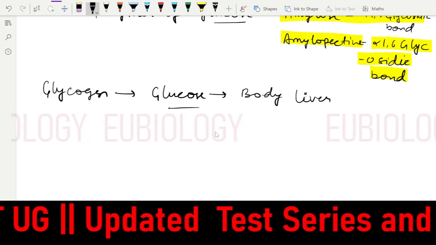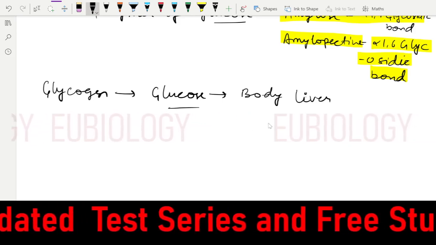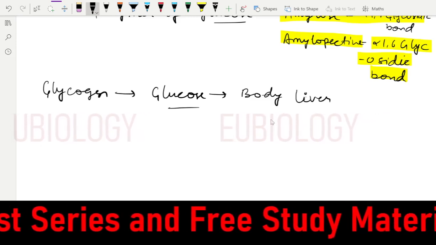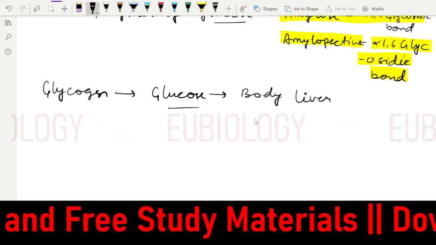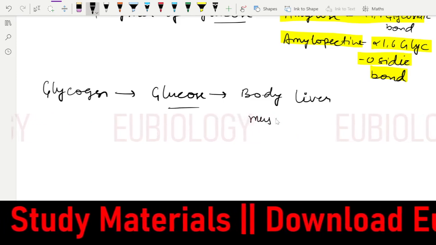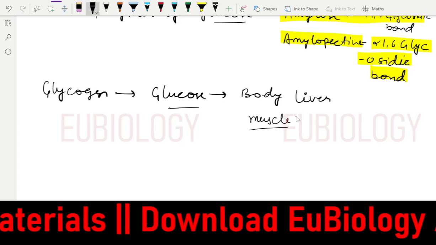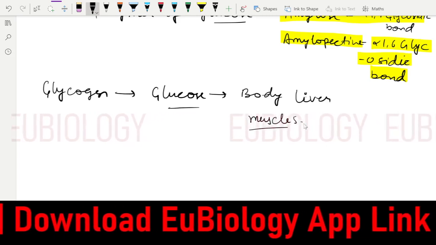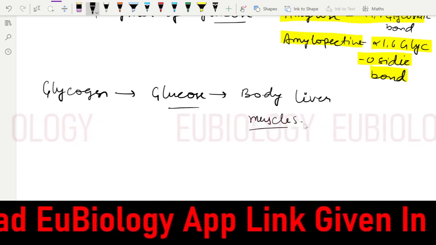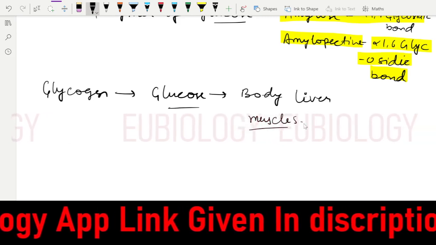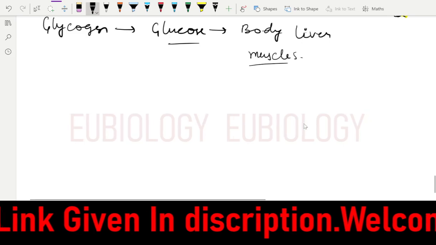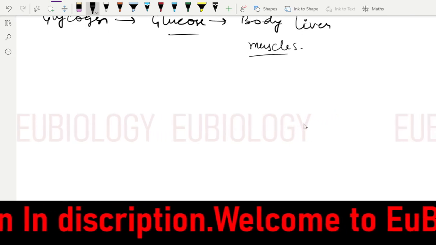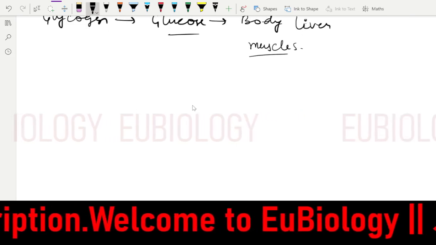Metabolism will occur in the muscles too, but muscles utilize it for themselves only. Muscles don't supply glycogen to the whole body.